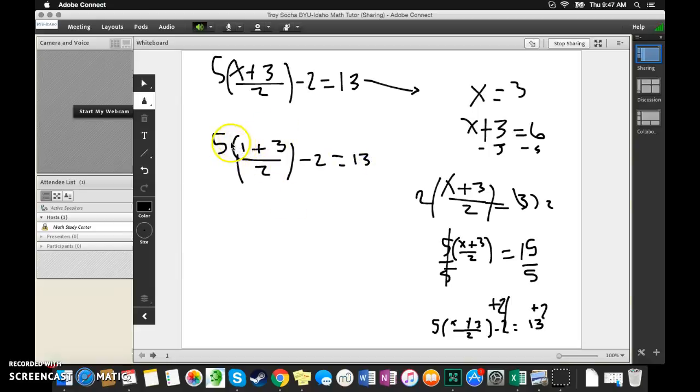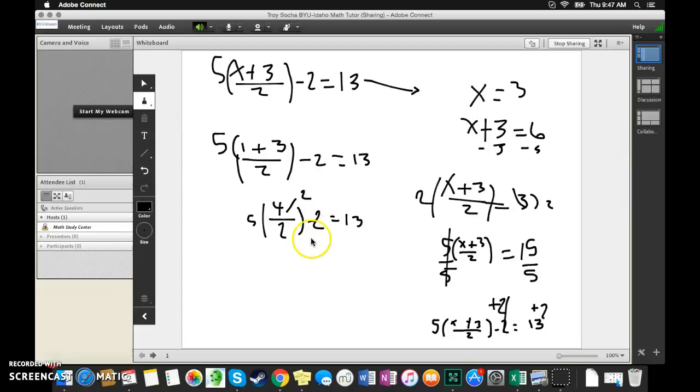So now we're plugging in 1 for our x instead of x equals 3, and we'll see if it equals 13. We'll see if 1 is a solution. So 1 plus 3 is 4 over 2, and that's times 5 minus 2. This is just 2.